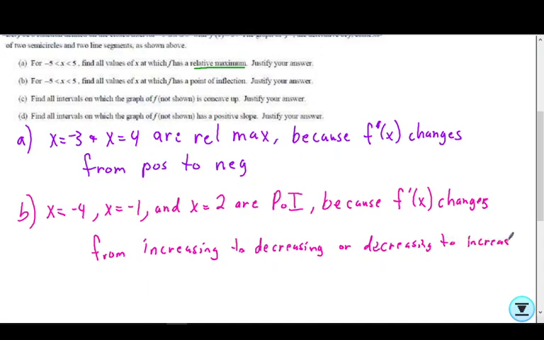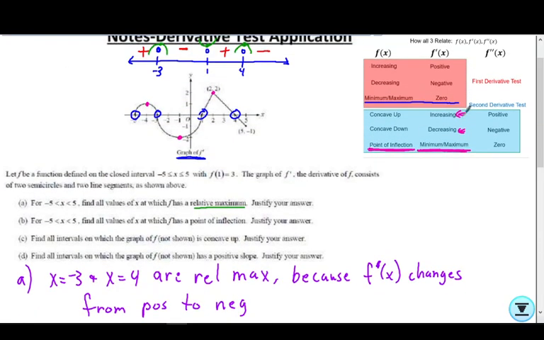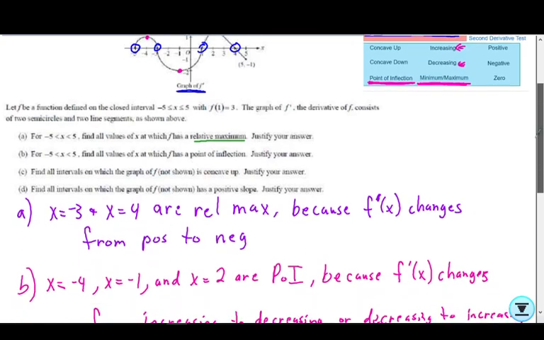So basically we're just writing what we said. We had to check, did my maximums and minimums go from increasing to decreasing or decreasing to increasing? And if the answer is yes, then that means that they are points of inflection. So we just had to write what we were doing.